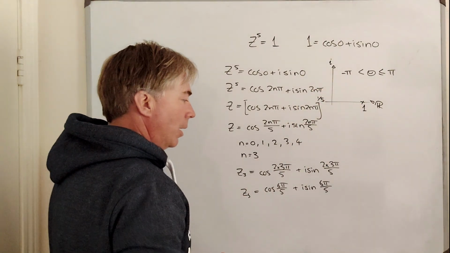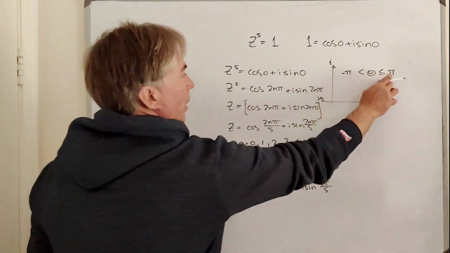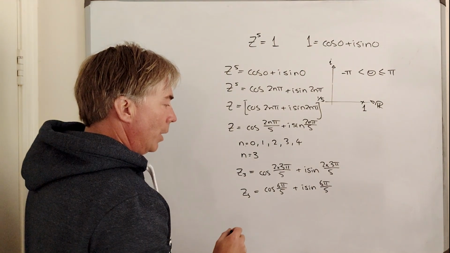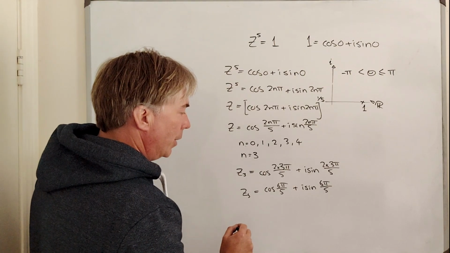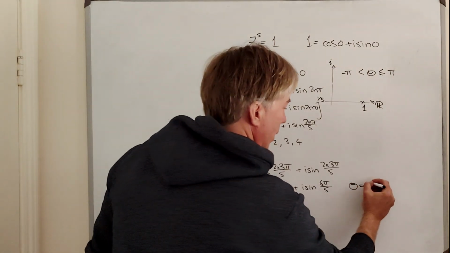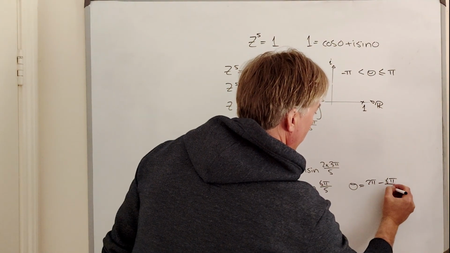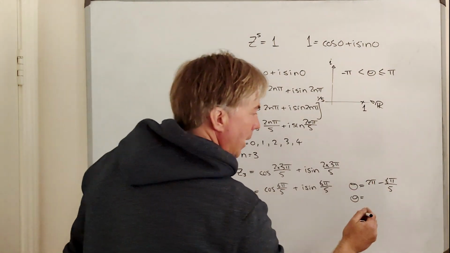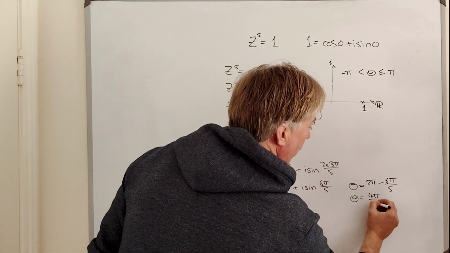So in actual fact, we're having to adjust this to become within our two limits, negative π and π. To do that, we're simply going to subtract this from 2π. So theta is equal to 2π minus 6π upon 5. We can change the denominator, so that'd be 10π minus 6π, which is going to be 4π upon 5.